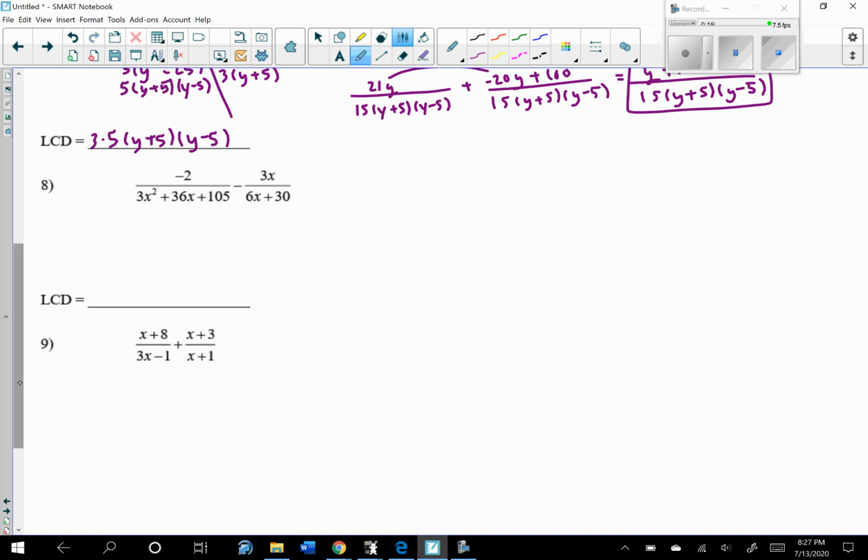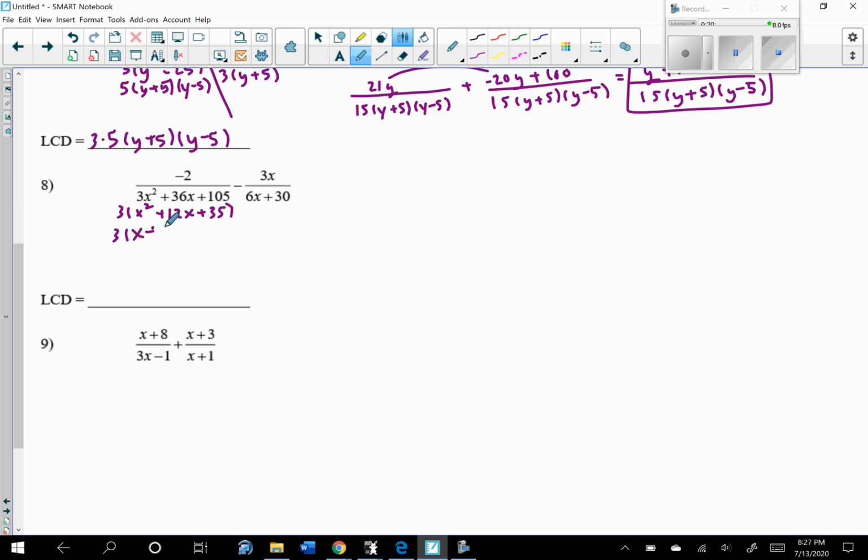So looking at question number 8, again, the first thing you want to do is factor. So I see a GCF of 3 here. So that's x squared plus 12x plus 35. And then factors of 35 that add up to 12. So that would be 5 and 7.